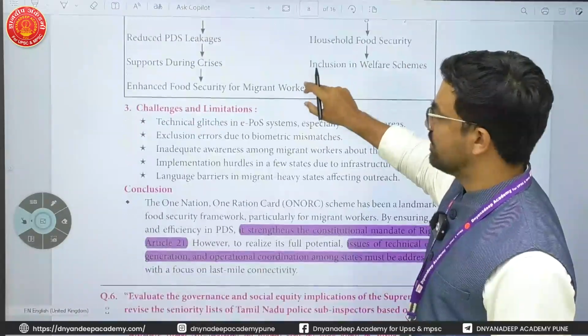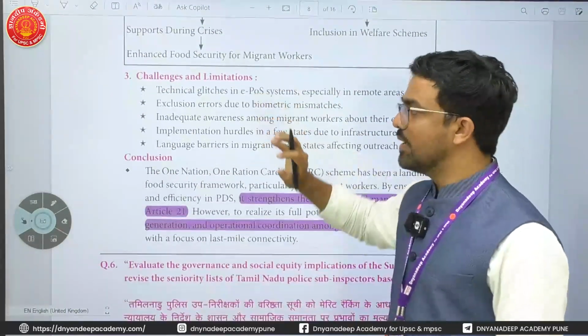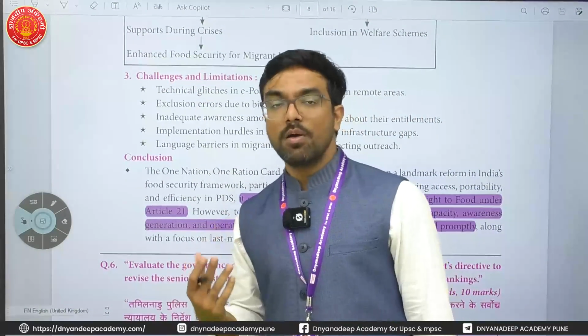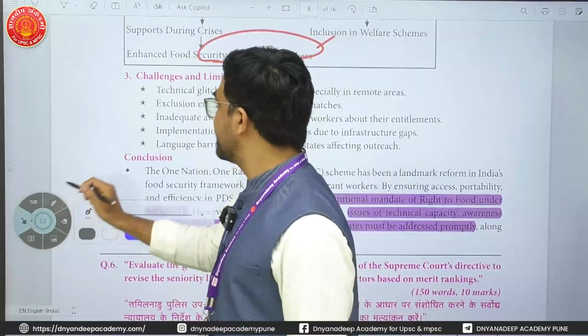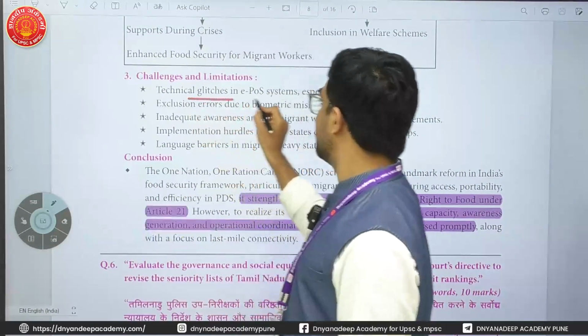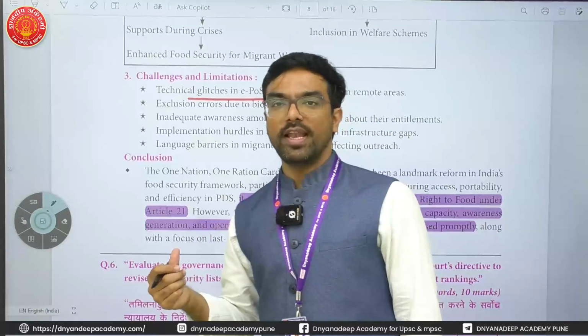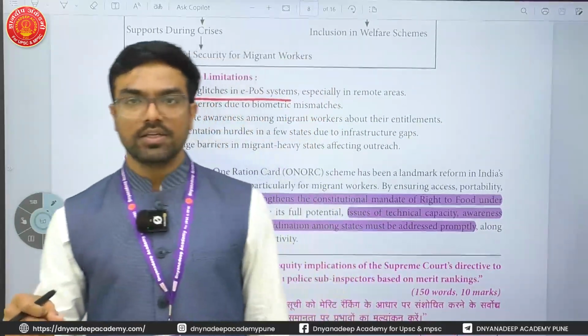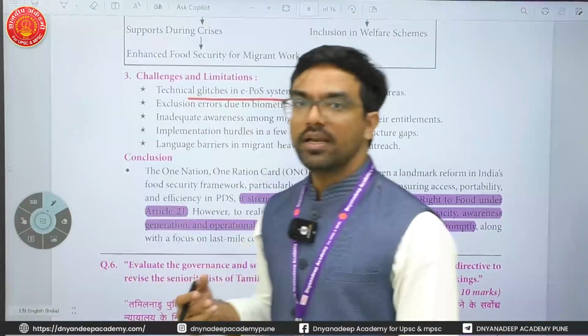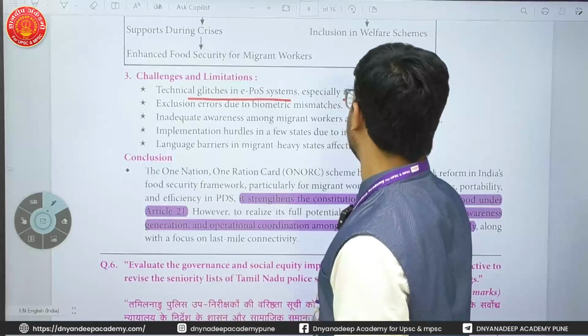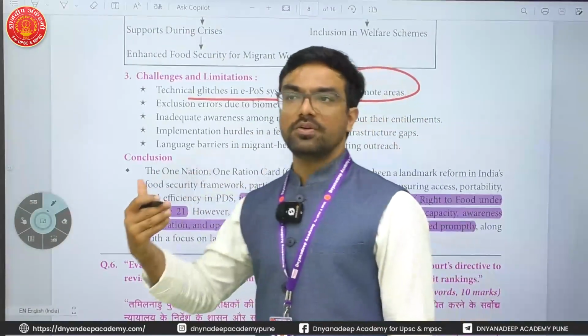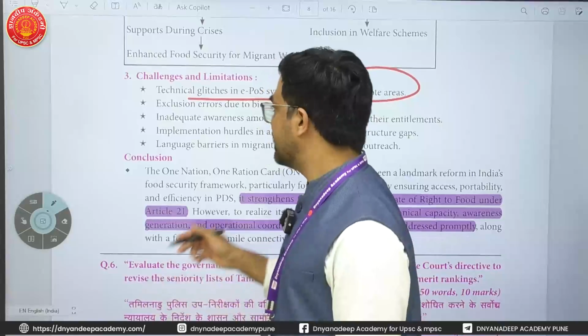Now, what are the challenges with this scheme? Yes, its aim is this and its effectiveness is this, but what are the challenges? There are technical glitches in the ePoS system, right? While authenticating biometrics there are issues, specifically in remote areas, so it becomes difficult to address them on time.